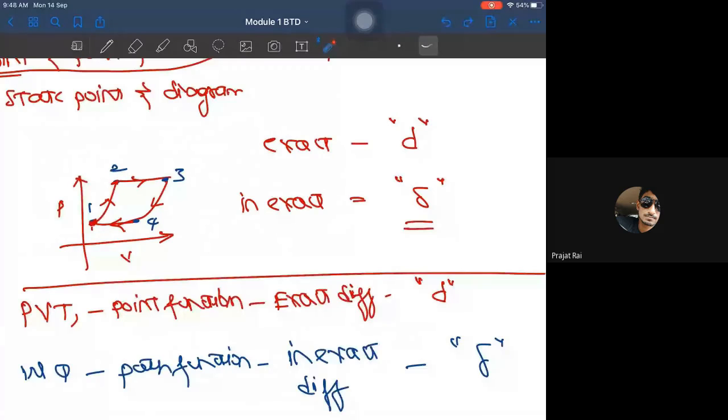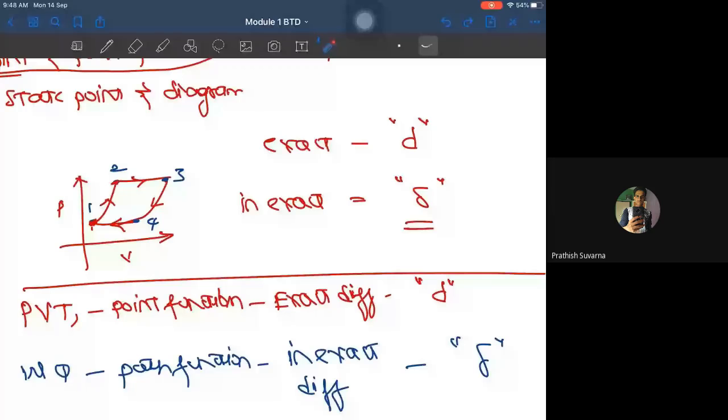Next, Pratish Suvarna. Did you get the meaning of exact and inexact differential? What is that? The change can be written as the difference between their states in an exact differential. Exactly. Super. And what about inexact differentials?